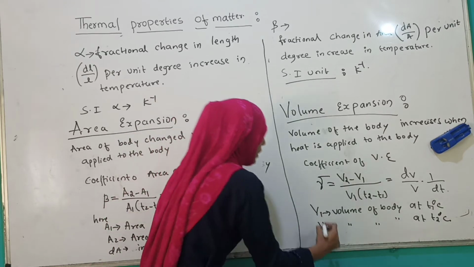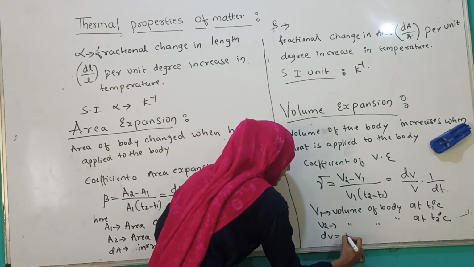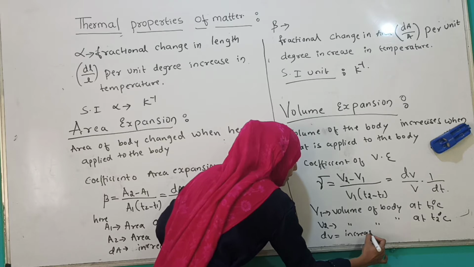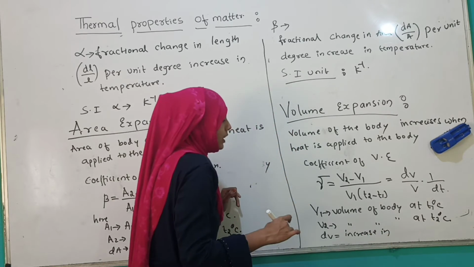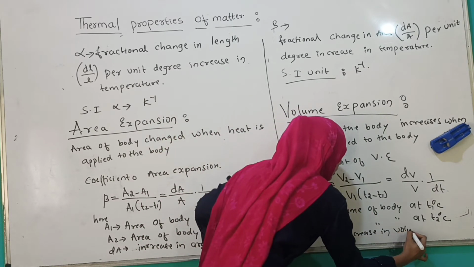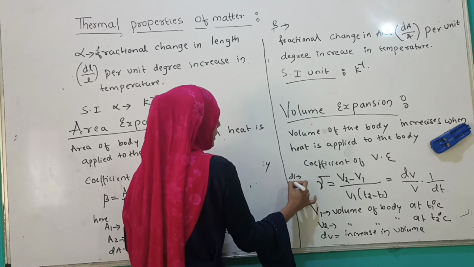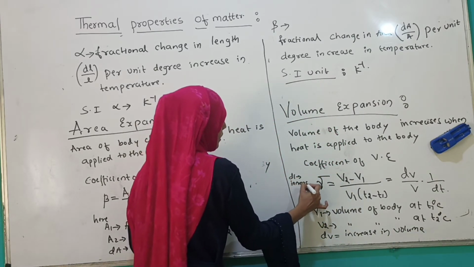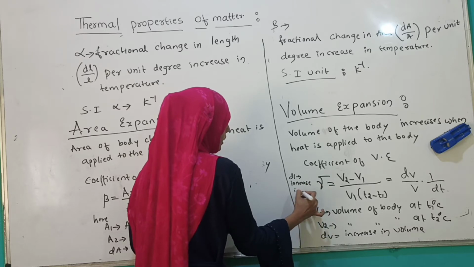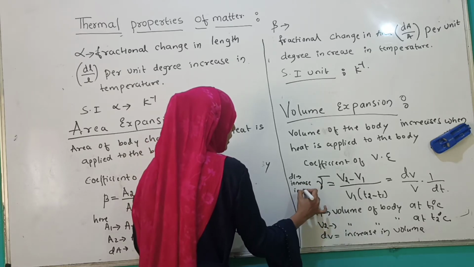Next, dV is the increase in volume and dt is the increase in temperature.